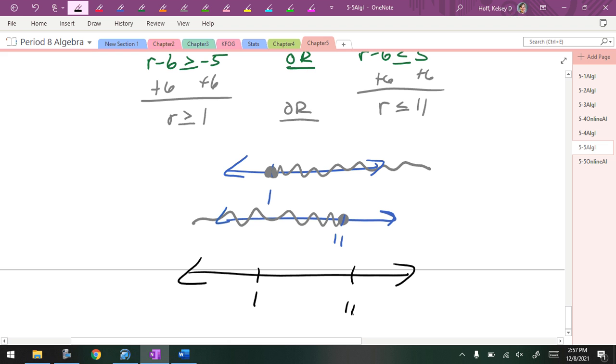But it's an or. Or, how many shadings do you have to have on an or? You only have to have one. If you have 2, fantastic. You only have to have 1. So where is that number line shaded one time?